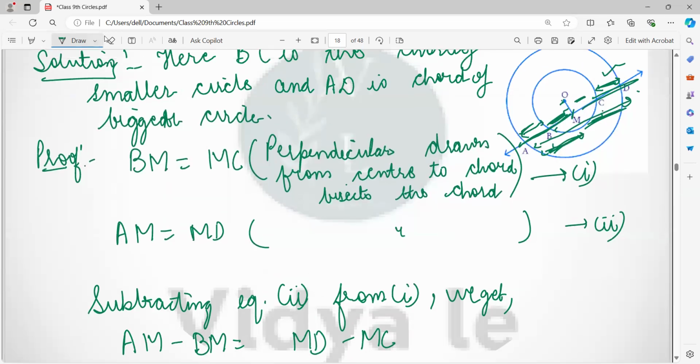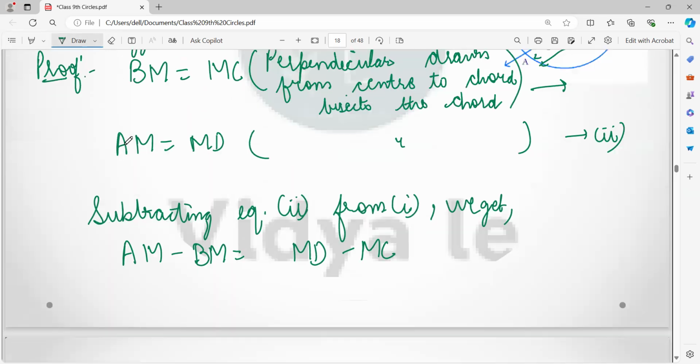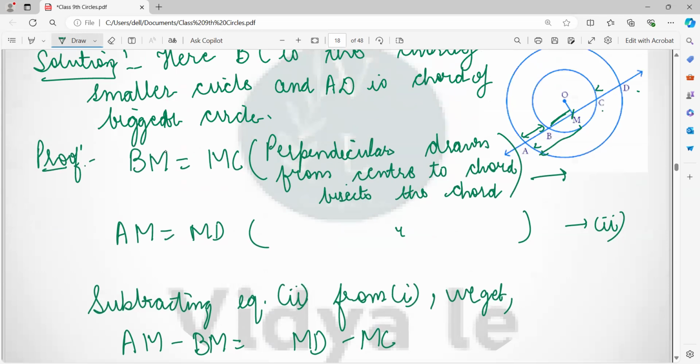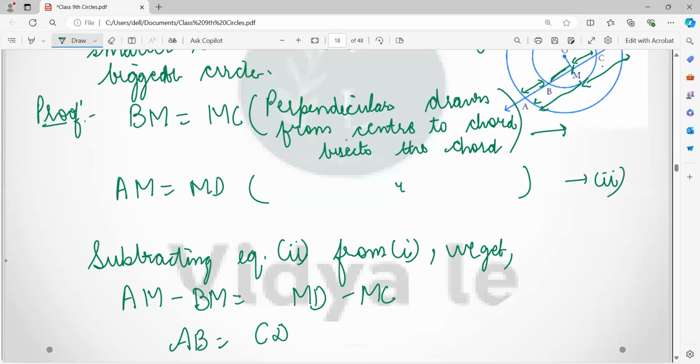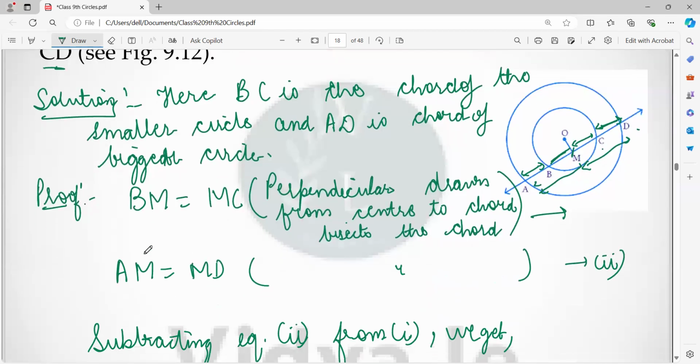So if I look at the figure, AM minus BM is equal to AB. So it will be equal to AB. Similarly, MD minus MC is equal to CD. So it is equal to CD. And this is what we need to prove, right? I hope it is clear to you.